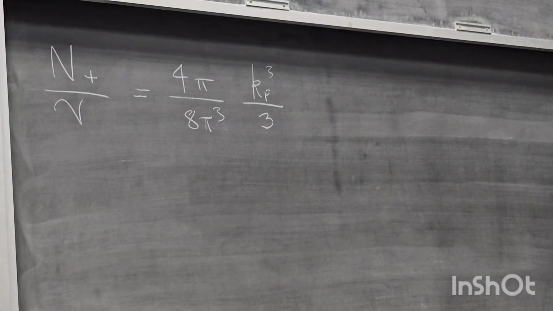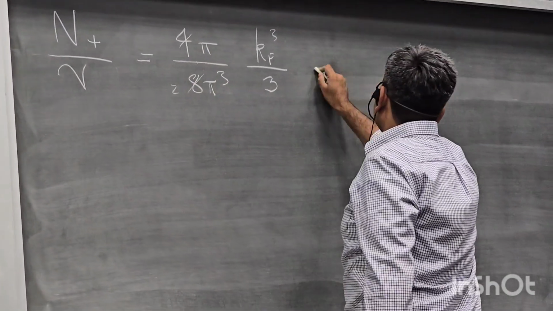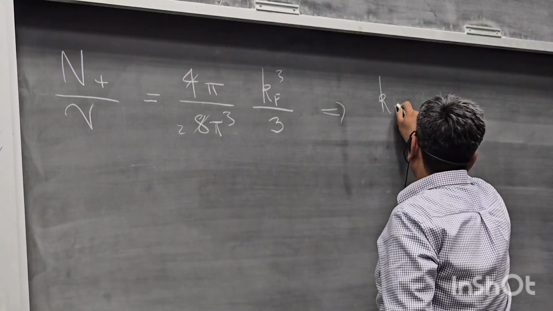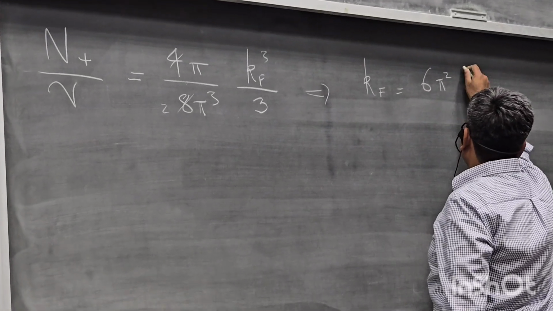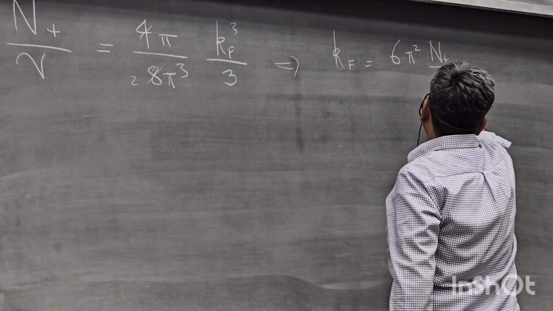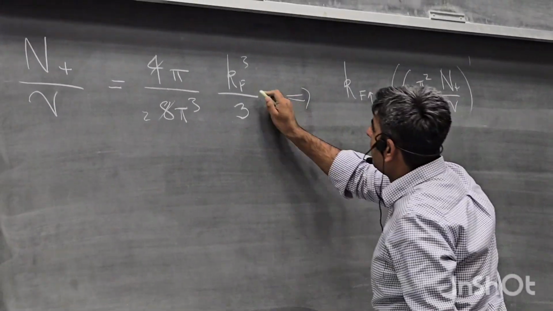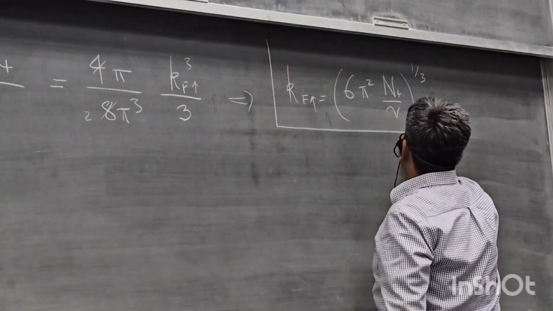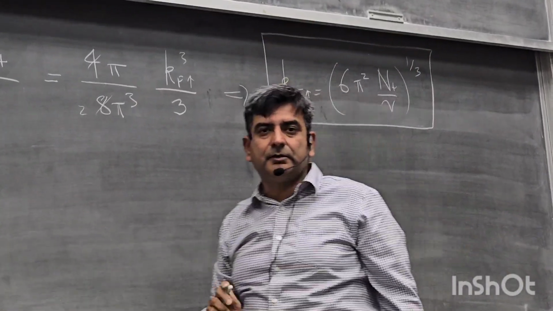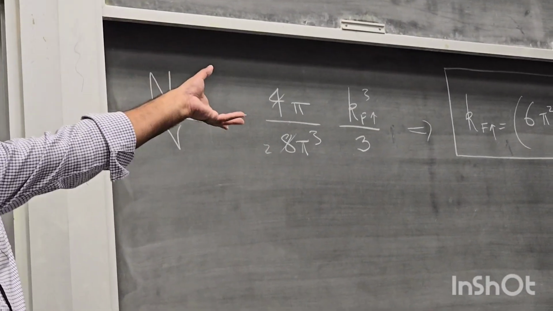So this means kF plus is 6 pi square n plus over the volume to the power 1 by 3, right? Now, I think you've done this several times before.